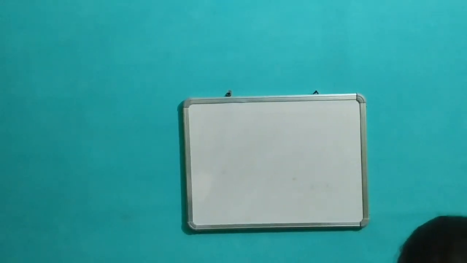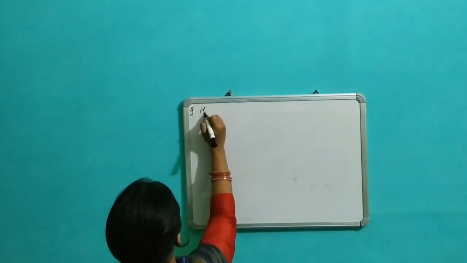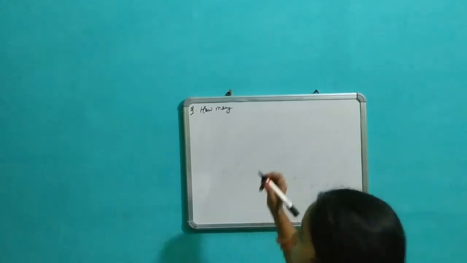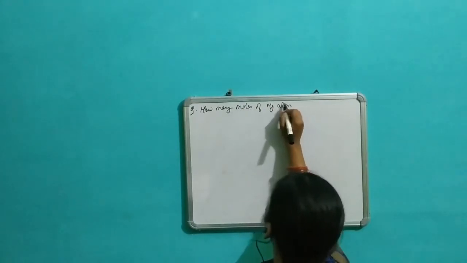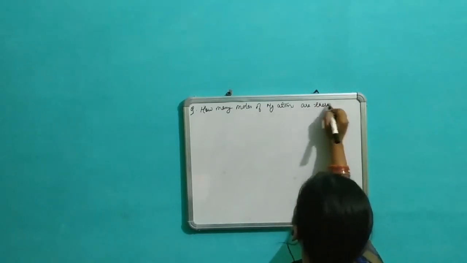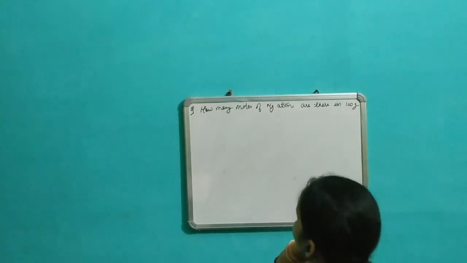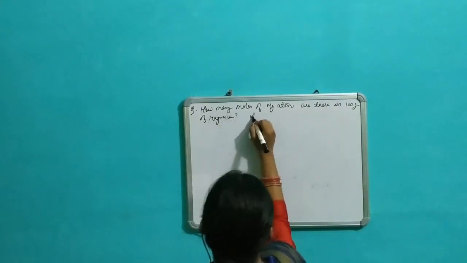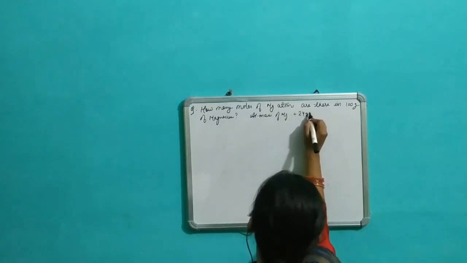Alright, so the first question is: how many moles of Mg atom, magnesium atoms, are there in 100 gram of magnesium? Given atomic mass of Mg is equal to 24 gram.